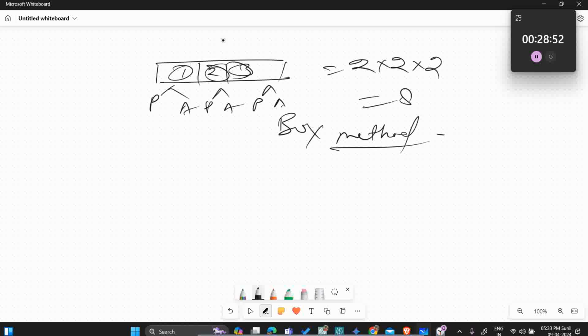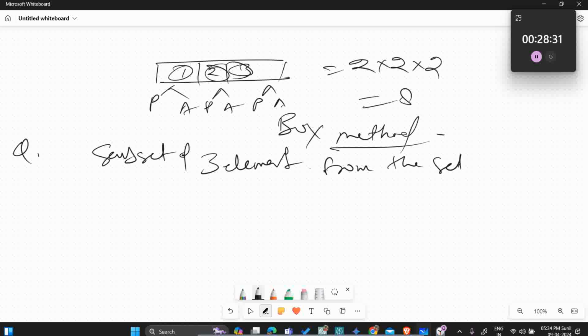And the question will be like: how many subsets have exactly 3 elements from a set of 10 elements?